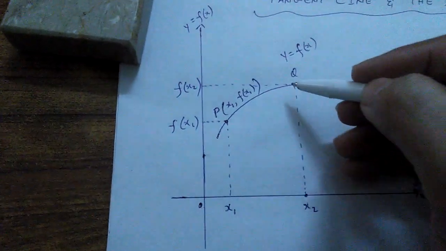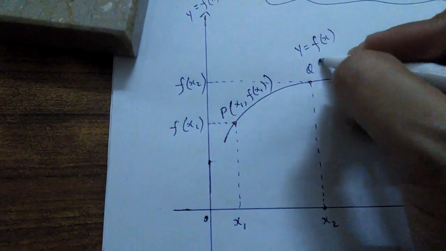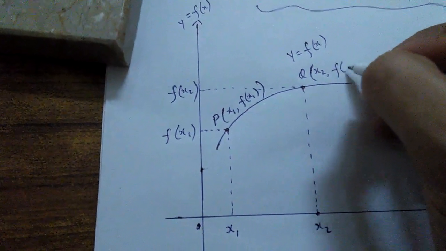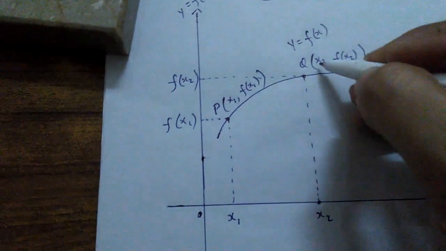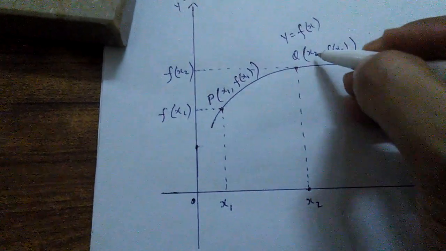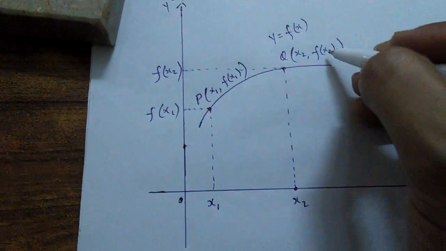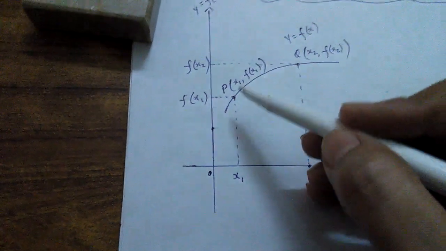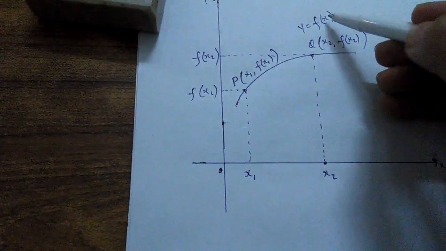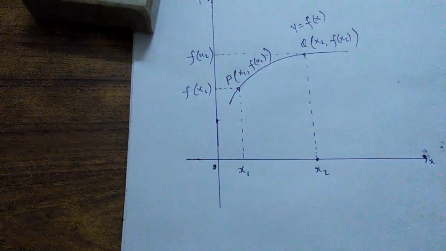It is f of x2. So this Q is expressed with the coordinates x2 and f of x2, where this is the x coordinate and this is the y coordinate, which you also call abscissa and ordinate. These are the two points lying on this curve, which is the graph of the function f of x, no matter what the function is.